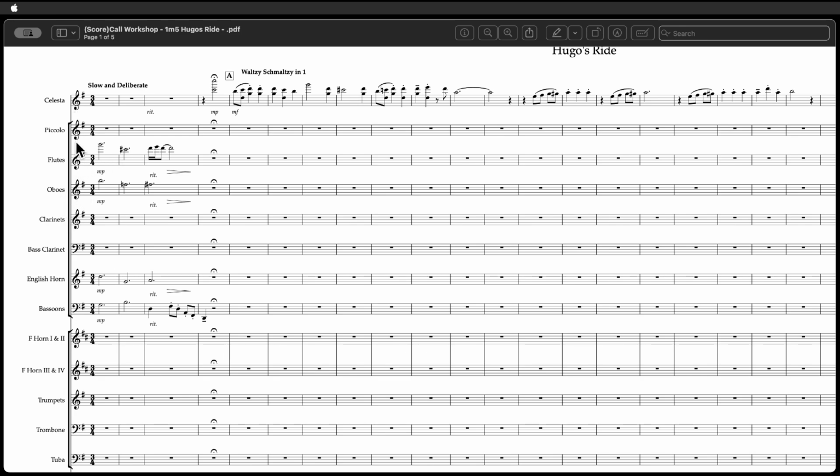This score that I set up has an extra bracket here in addition to the bar line system that is connecting the instrument family. So here we have the woodwind family connected by this one brace or bracket. And then we have the brass section the same way. And if we were to look at the rest of the score, the percussion and string sections are also connected that way as well.